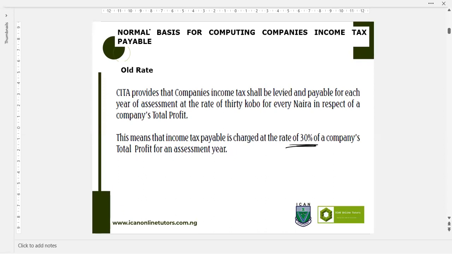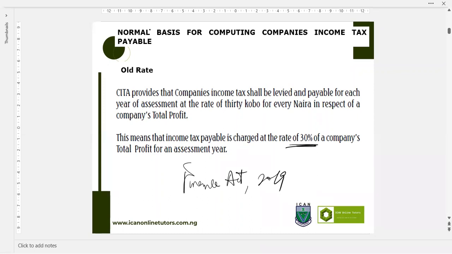Not until 2020, when the Finance Act of 2019 was signed into law. I think it was signed on January 13th of 2020 and has an effective date of 1st February 2020. It became effective on 1st February 2020.